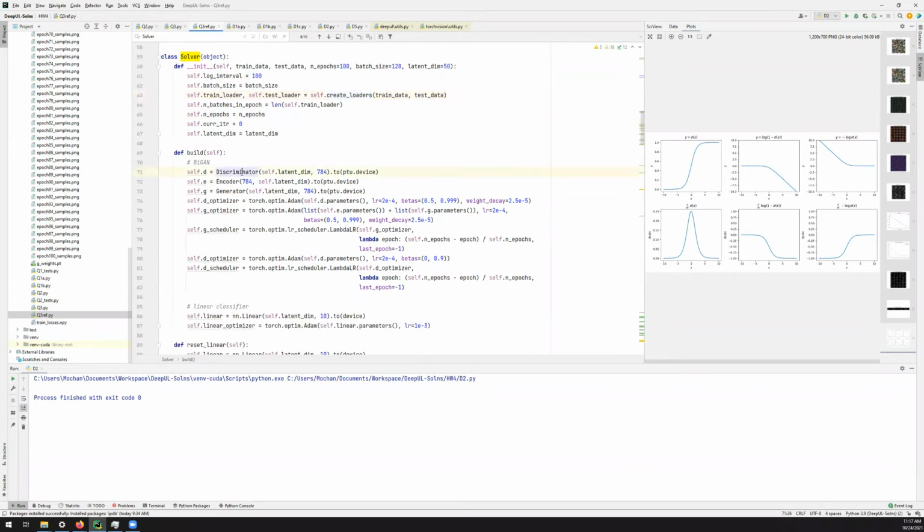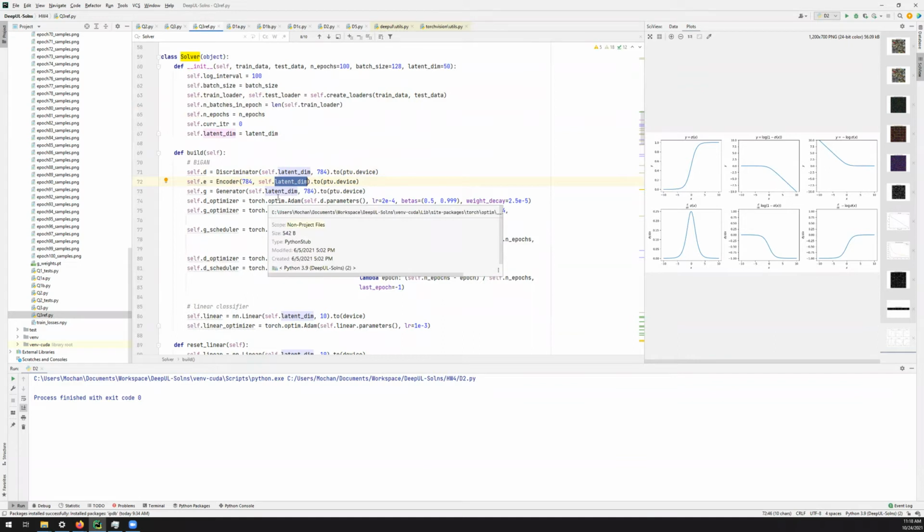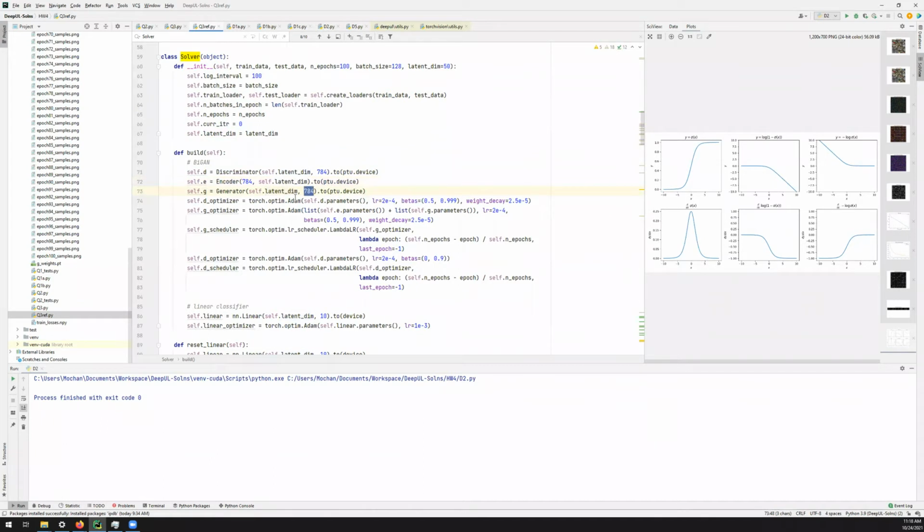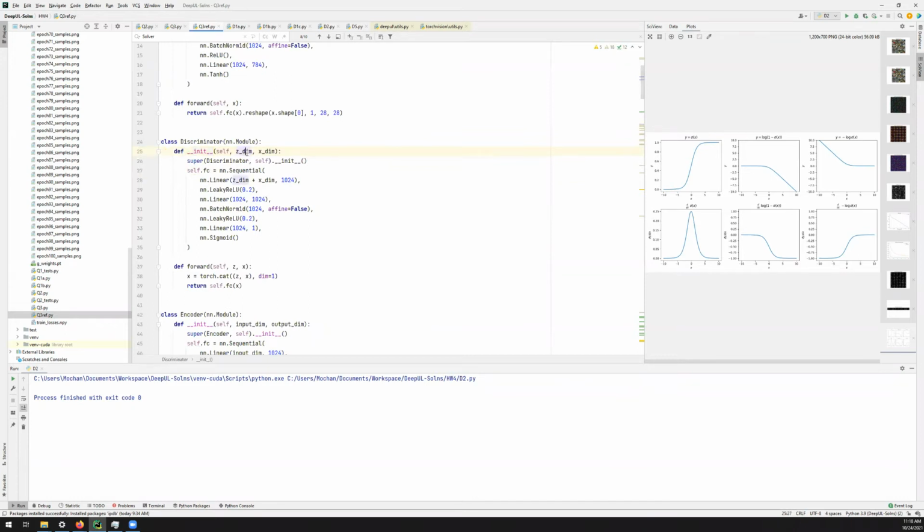So we have the discriminator 784, the latent dim. Encoder 784 to latent dim, so it's the opposite of the discriminator, and then the generator generates the image. Oh, sorry, this is the opposite of it. I forgot why the z dim is used.